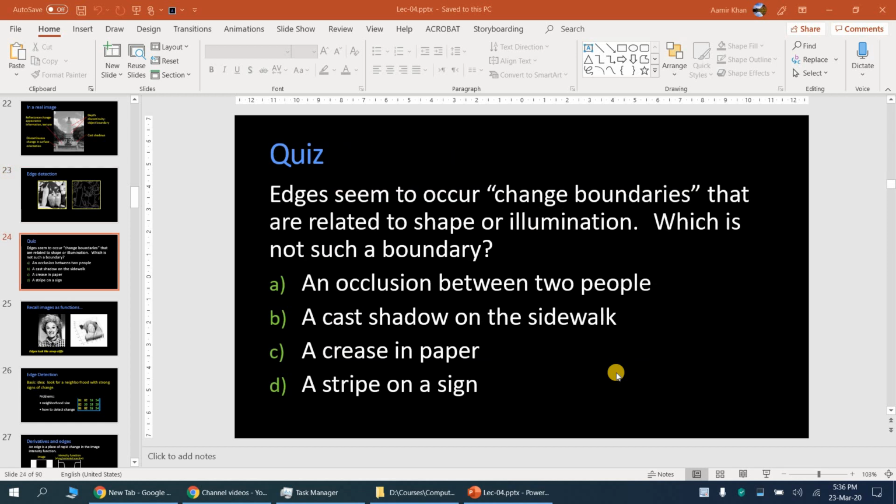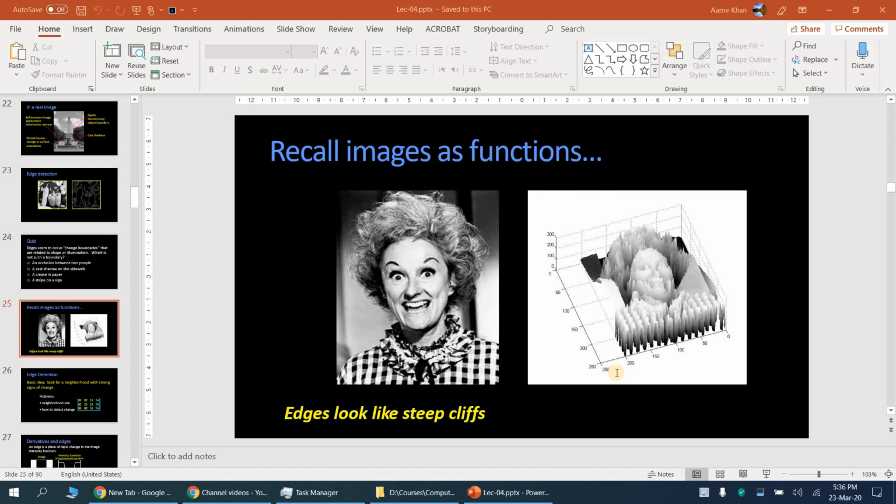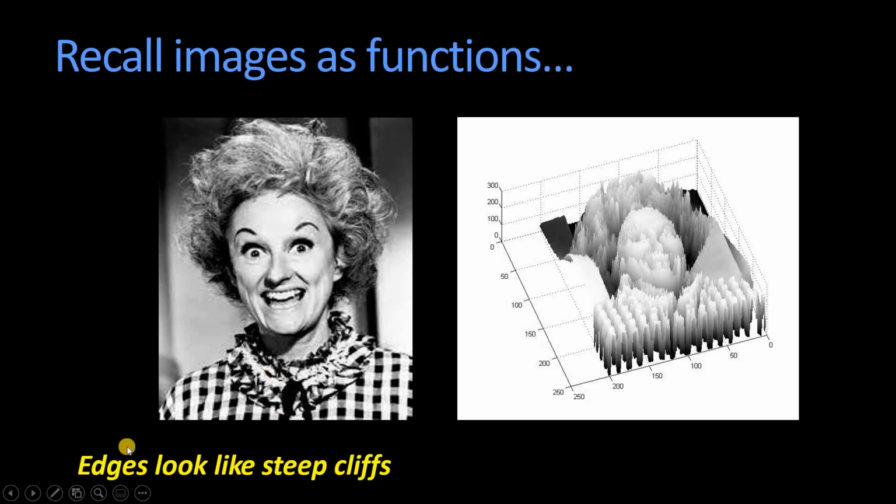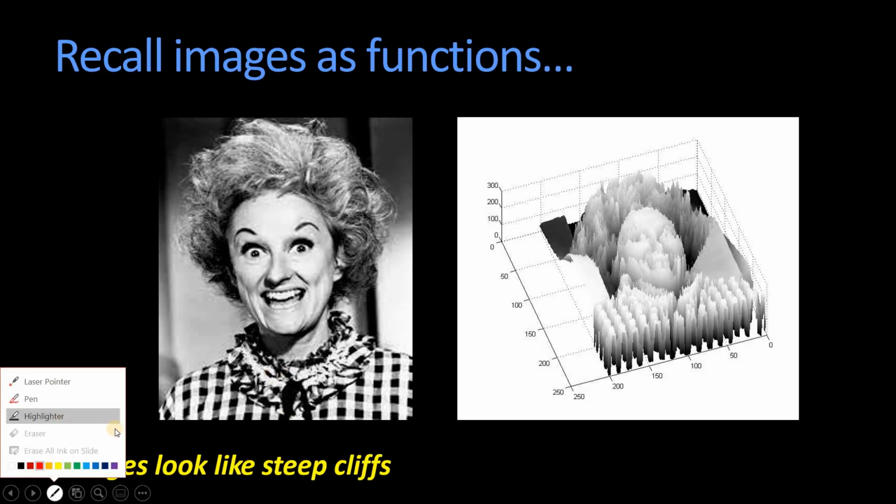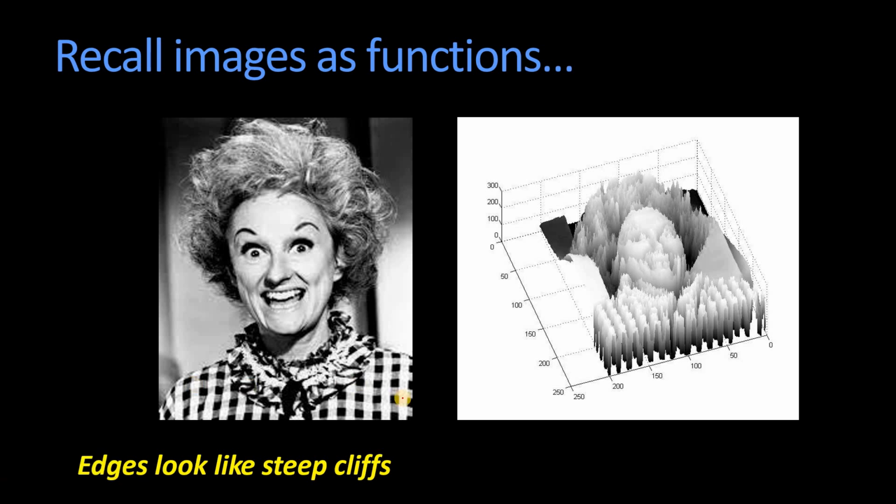The important point is that edges are normally something steep inside the image. Steep things inside the image give us the edges, like colors changing very quickly.